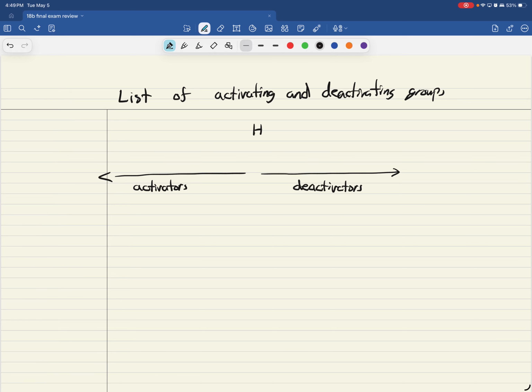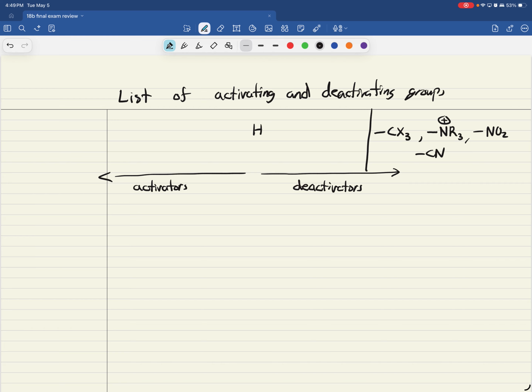So it's usually in this order: CX3, NR3 plus, and then nitro. And then CN is somewhere in the mix. Those are our strongest deactivators, so that's our strongest area.